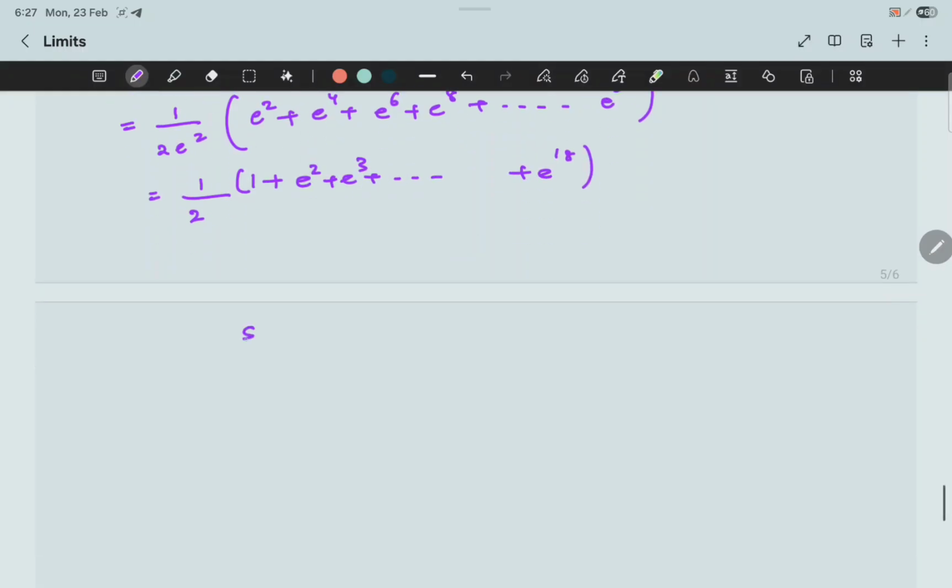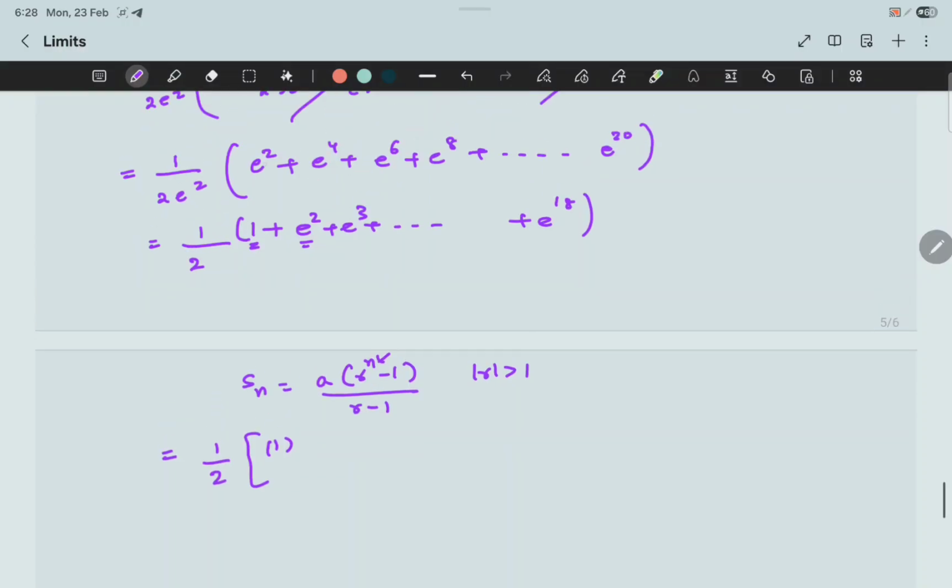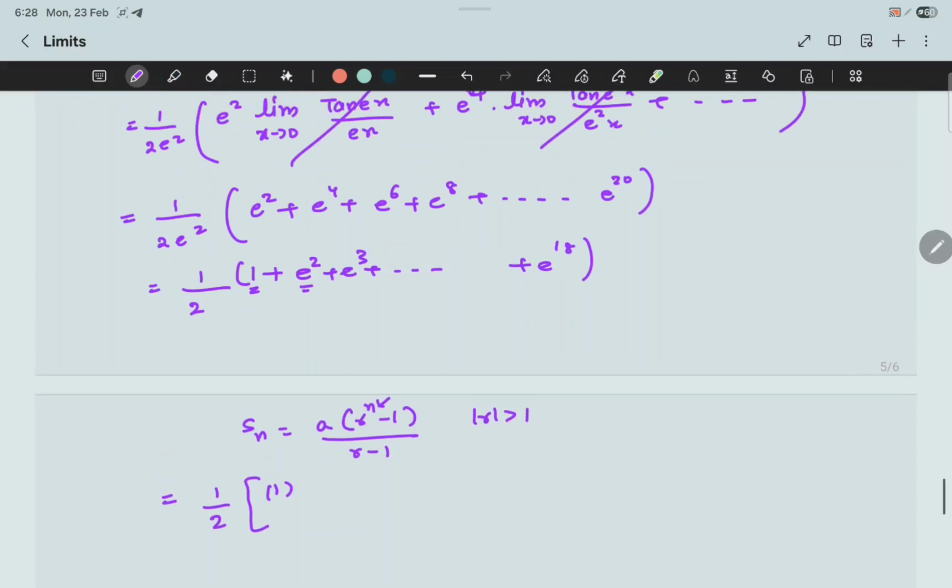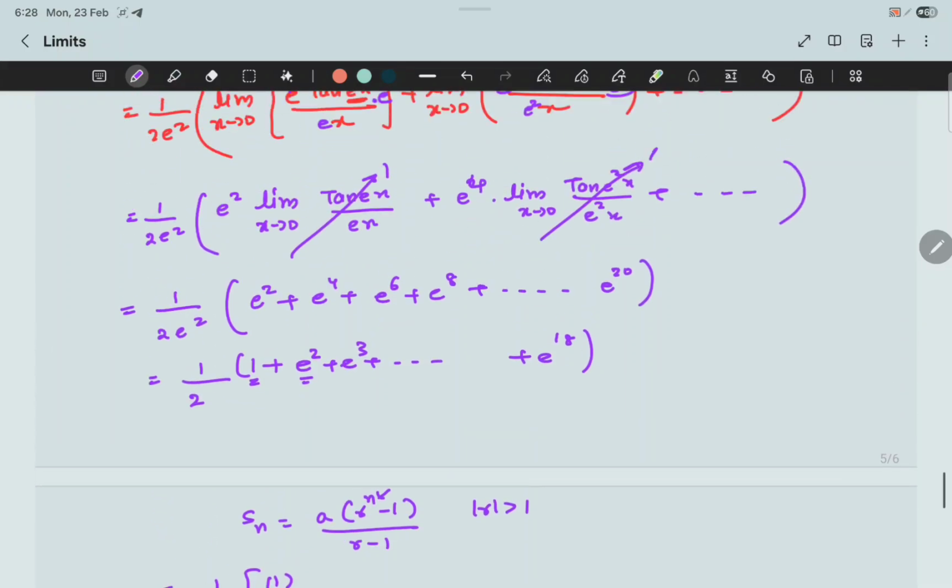Now the sum of n terms in a GP is a into r power n minus 1 by r minus 1, where n is the number of terms, if mod r is greater than 1. So we can write this as 1 by 2, where a is 1. Did we make any mistake?